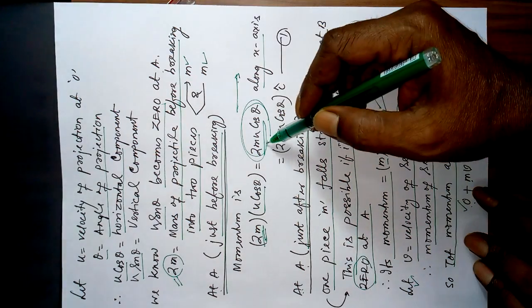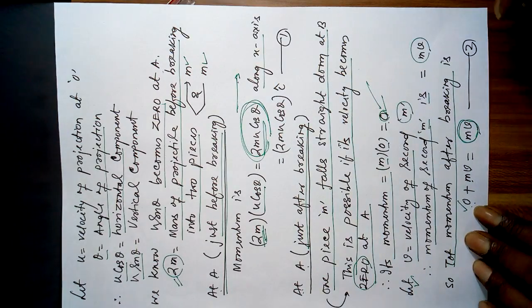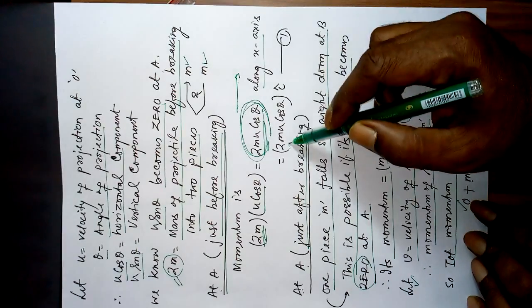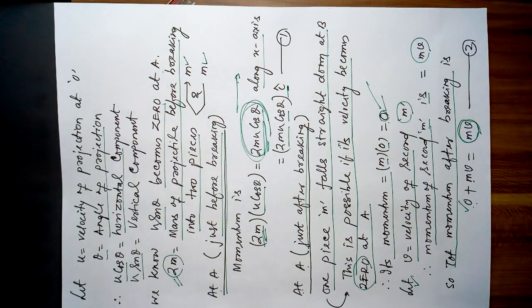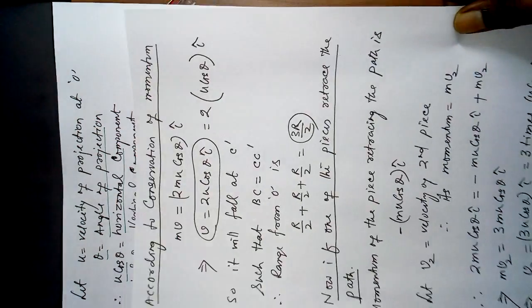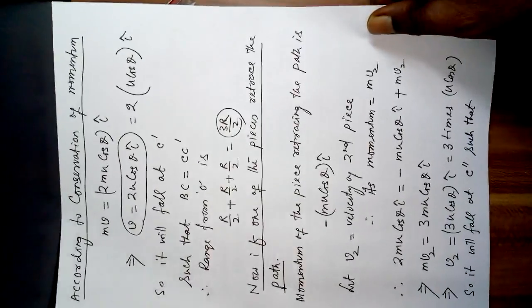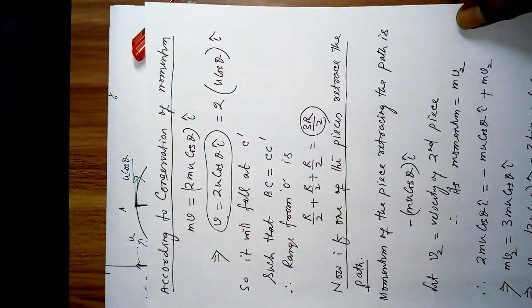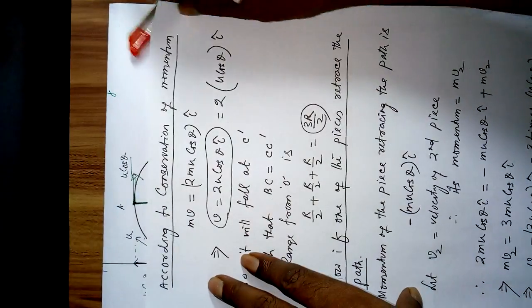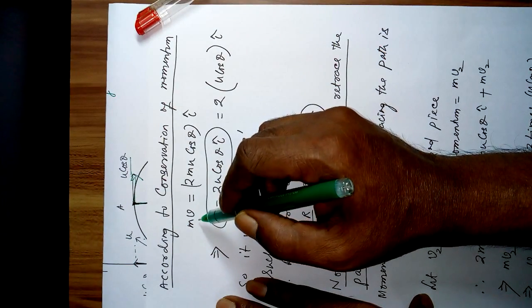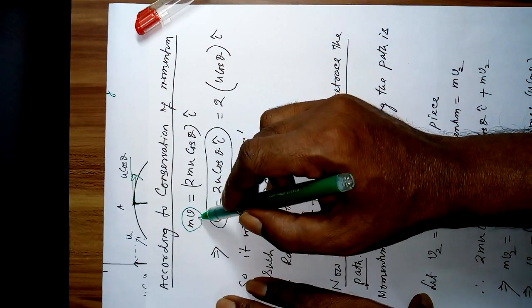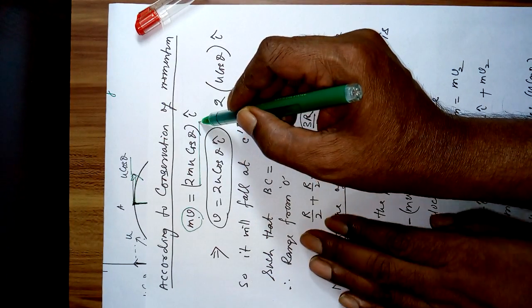breaking, and this was the momentum before breaking. And this can be represented as 2 mu cos theta i cap because it is along the x-axis. Now apply conservation of momentum. According to conservation of momentum, the present momentum must be equal to the momentum before.